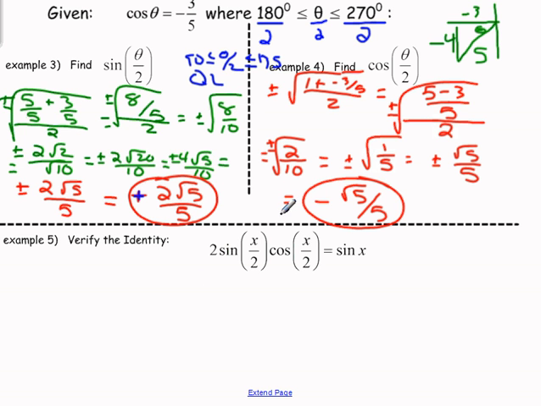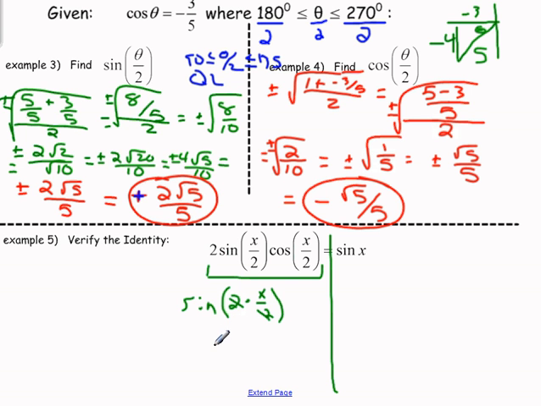identity here, proof. This right here should look like a formula we've done this chapter. And I'll give you a hint. It's a sine of double angle, so it should be sine of 2 theta. So that whole identity equals the sine of 2 times whatever the angle measure is, which is x over 2.